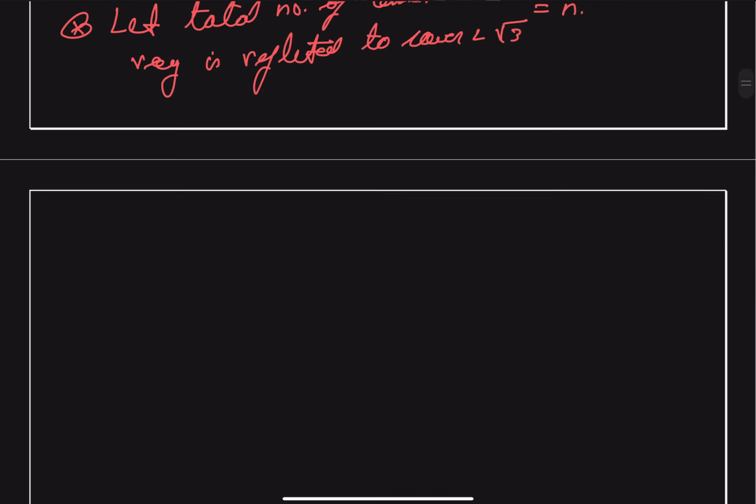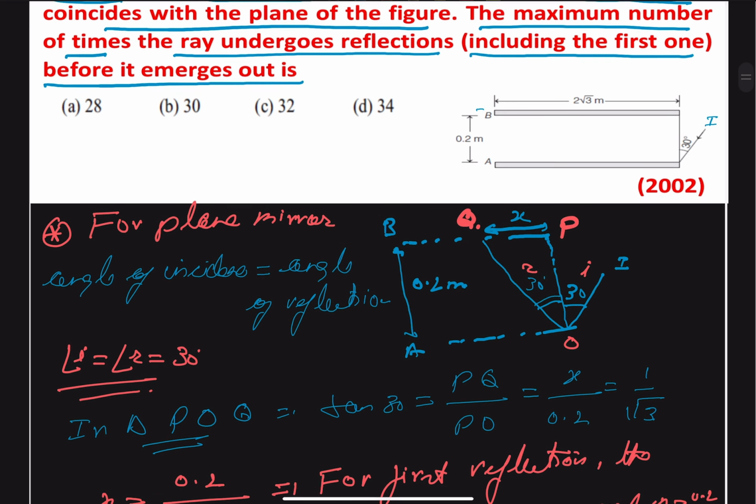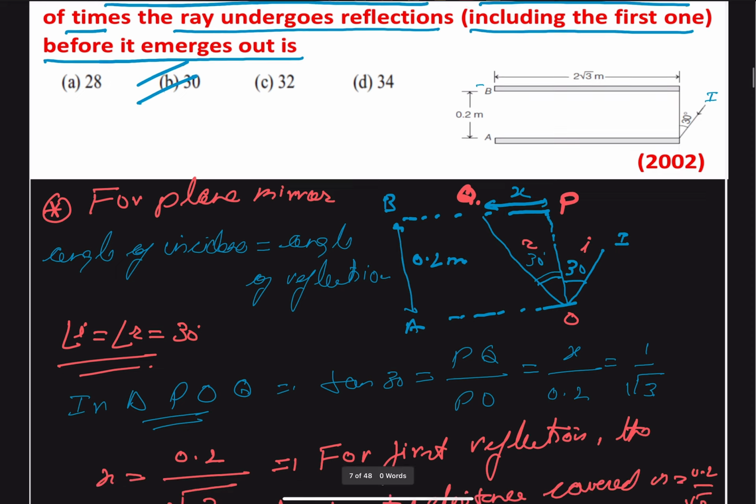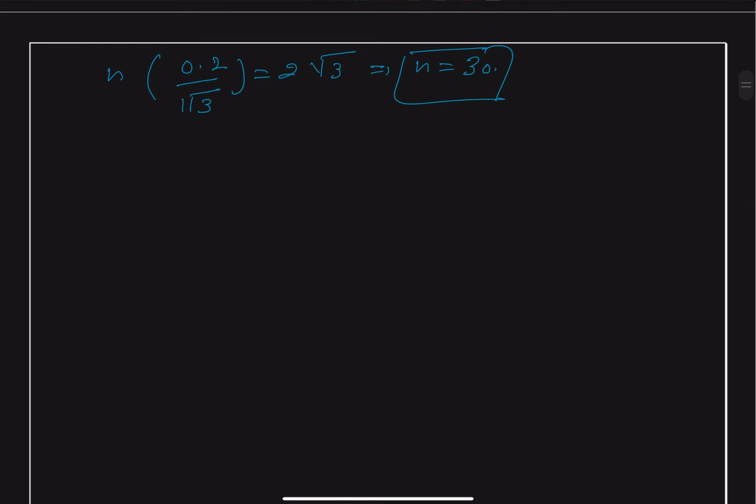So mathematically we can write that n multiplied by the distance covered in one reflection will be equal to the total distance. So from here we get that n will be equal to 30. So the correct option will be option B. Option B is correct.